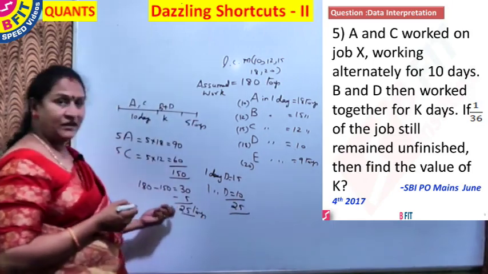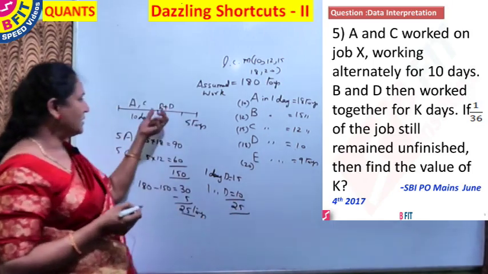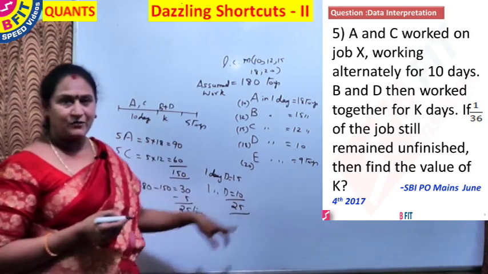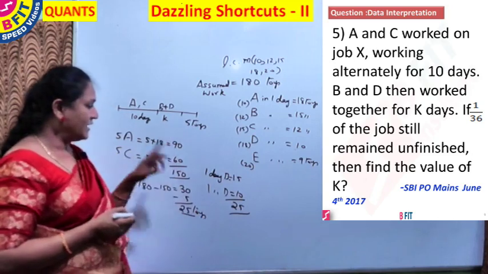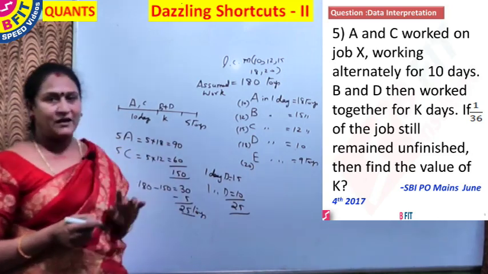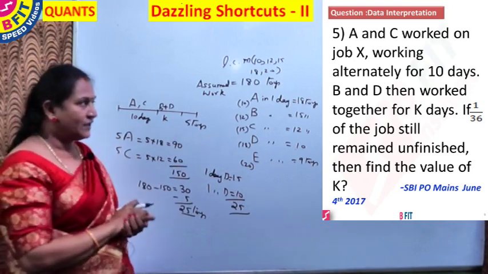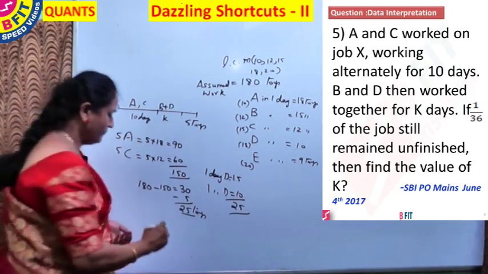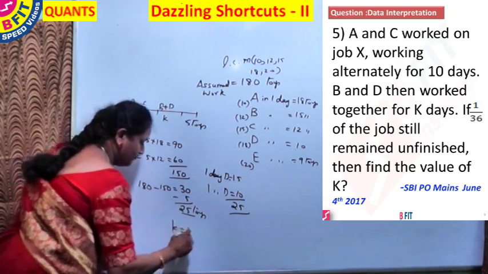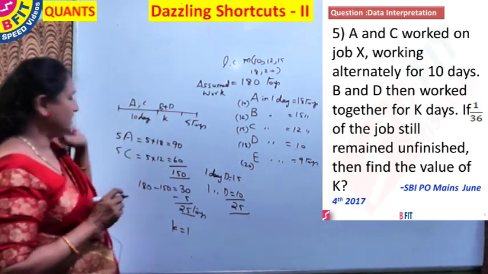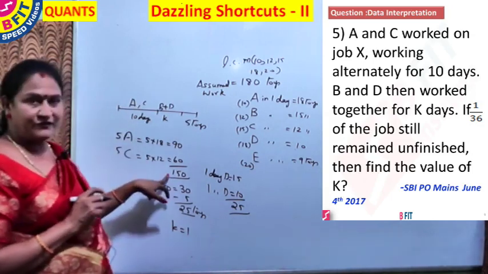So these remaining 25 toys are done by B and D together in K days. When you check for 1 day, they can make 25, which means B and D together have worked for 1 day. So we need to find the time taken by B and D working together, which is the value of K. So K is 1.